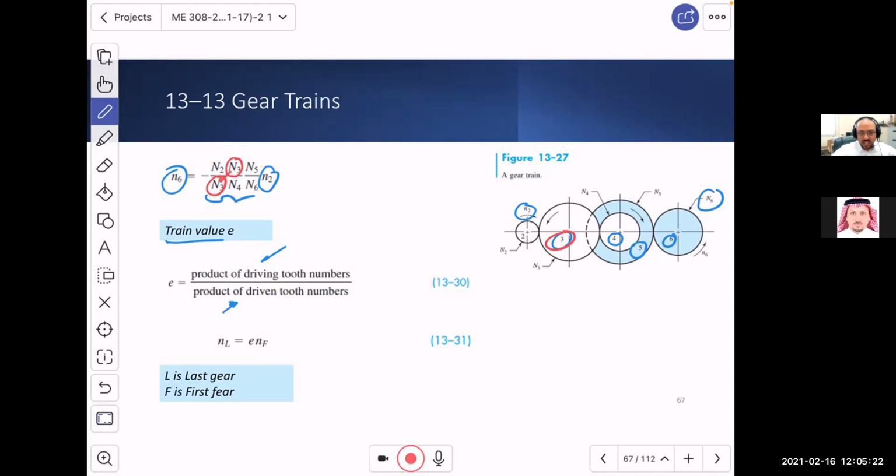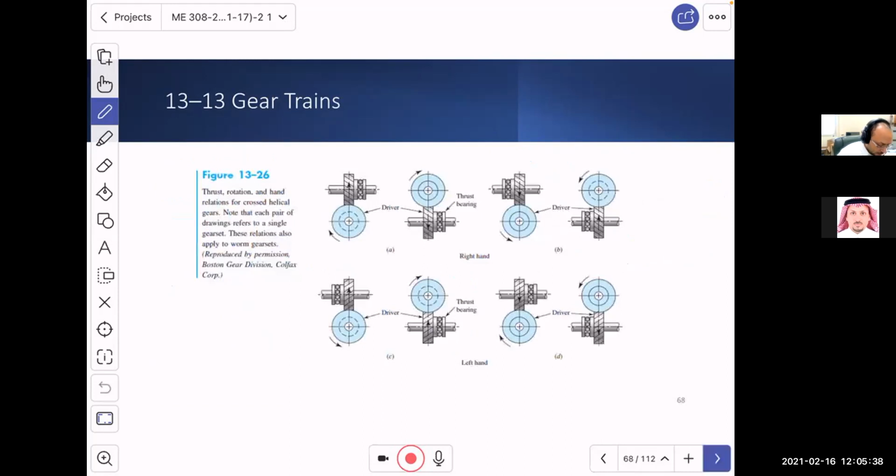It's just filling the gap. Its number of teeth is not going to change anything in the motion. You understand that? It's like it doesn't exist. We canceled it out. So this is something I think I forgot to mention.